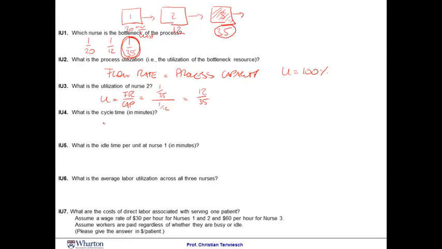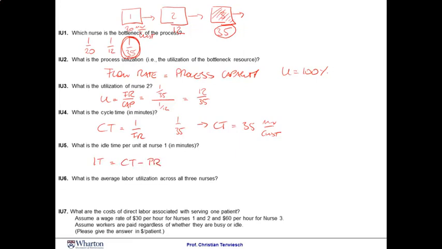More formally, we said that the cycle time was 1 over the flow rate. Our flow rate was 1/35, and so our cycle time is 35 minutes between customers. What is the idle time per unit at nurse number 1? Remember, the idle time at a resource is the difference between the cycle time and the processing time.